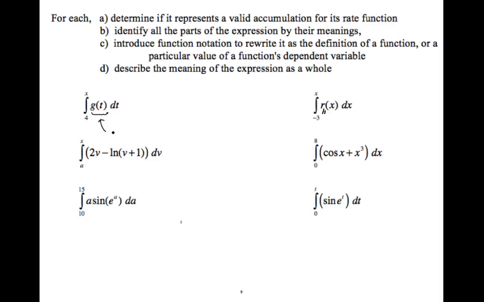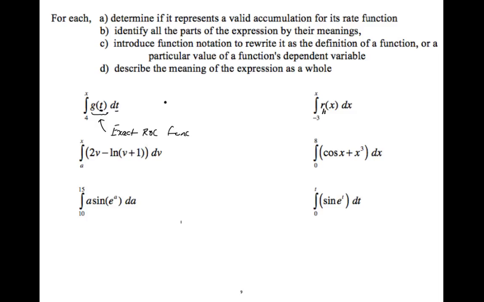So g of t is exact rate of change. And are we going to accumulate according to g, starting at 4 and ending at x? Yes, because we picked a different value t that will vary through all the moments from 4 to x.